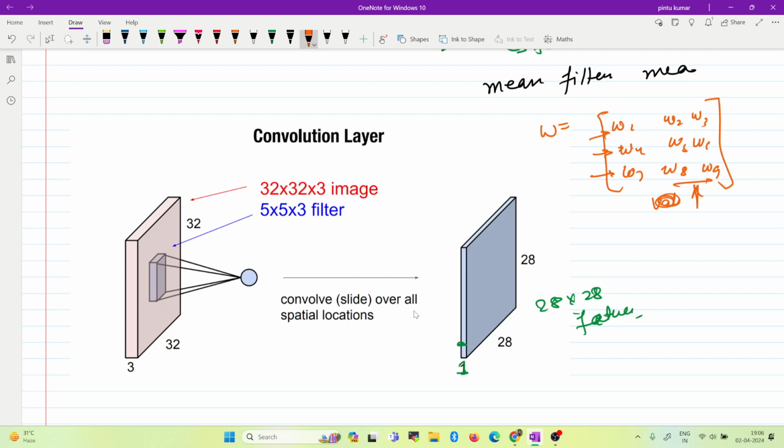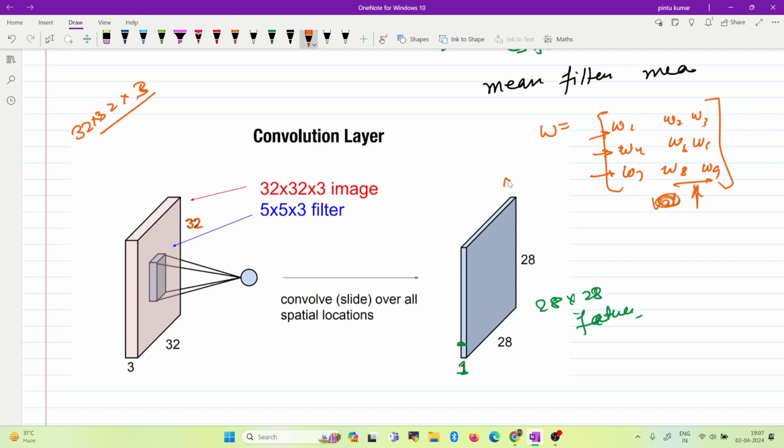Okay. So now let's say this is a 32 cross 32 cross 3 image. If you want to use this in a flattened version in a neural network, what would be the size of the input layer? It would be 32 cross 32 cross 3, right?